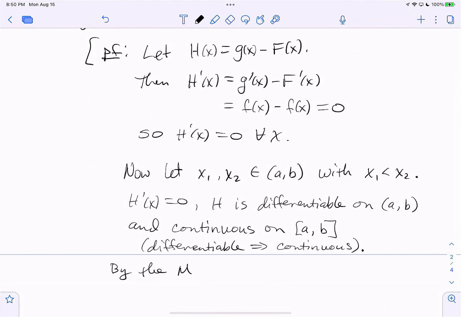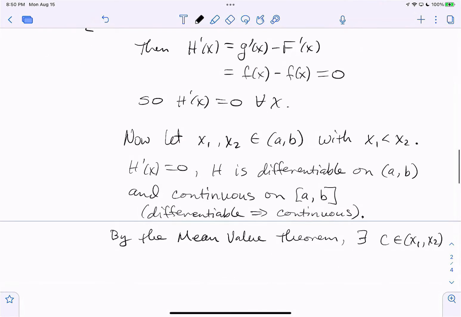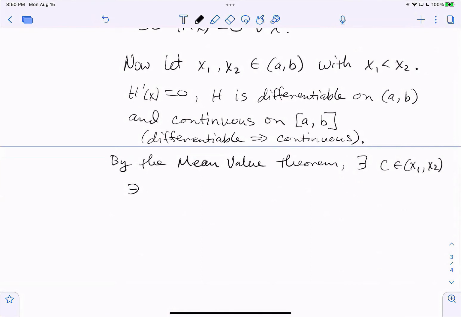By the mean value theorem, there exists a c in the interval from x1 to x2 such that h of x2 minus h of x1 is equal to h prime of c times x2 minus x1, but h prime is equal to 0, we already said.